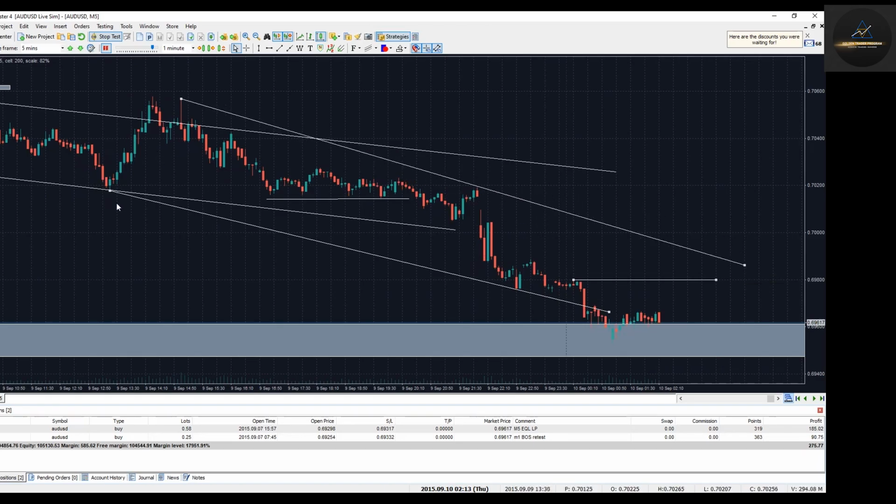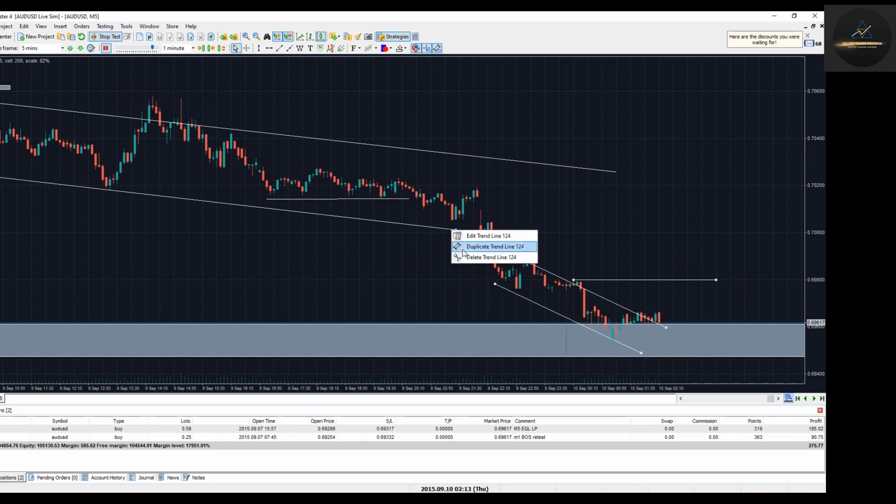So we got 1, 2. No, I'm not feeling this pattern. No, don't like it. Perhaps this one. Let's just leave it as that. Let's delete that. Let's try and keep these charts clean.